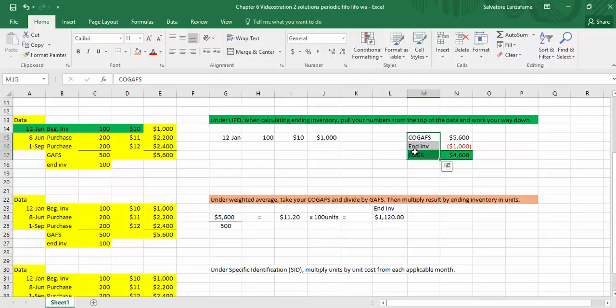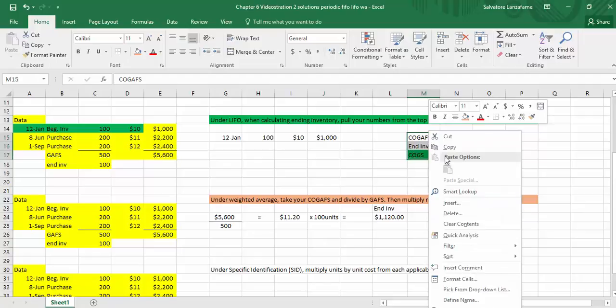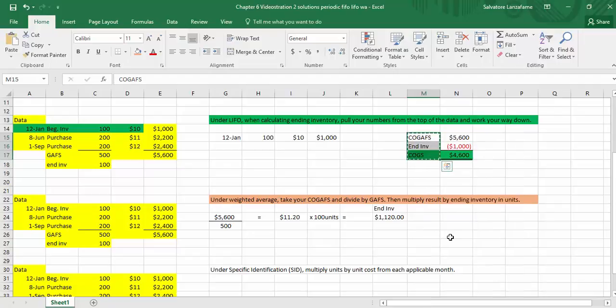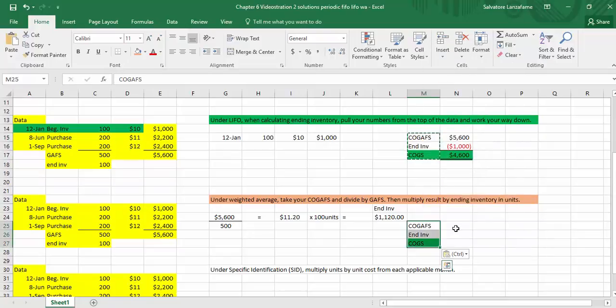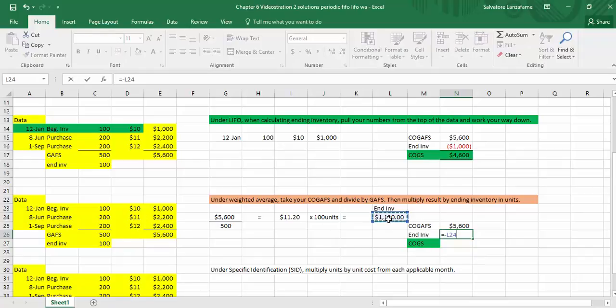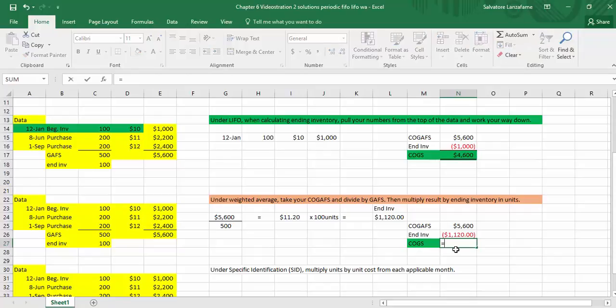There we go. So now let's take a look at our results of computing ending inventory with cost of goods available for sale to come up with the cost of goods sold result. So again, we have 5,600, and ending inventory we just calculated as 1,120. Now we want to do that subtraction, and we end up with 4,480.